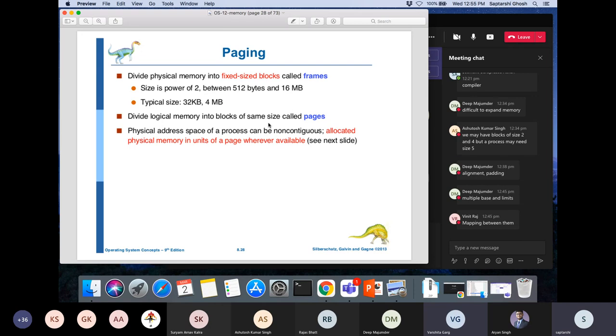And the logical memory is divided into blocks of the same size called pages. So pages and frames are of the same size. And just like segments earlier, pages of our process can be distributed in the memory, occupying frames which are not contiguous.